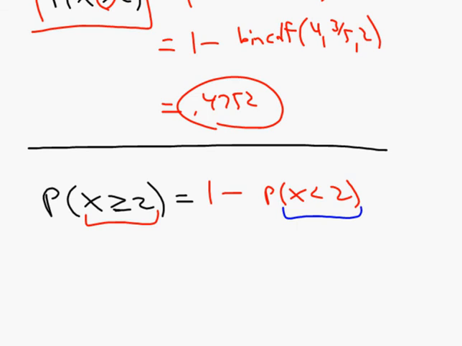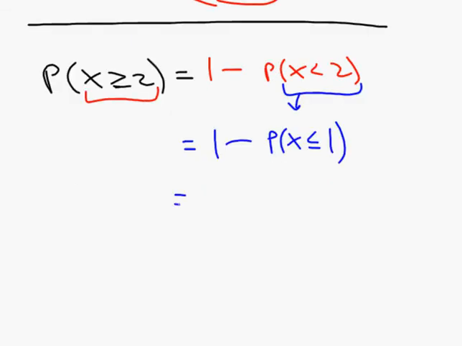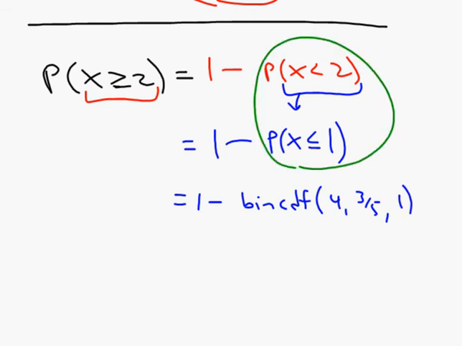It only does less than or equal to. So I have to realize that the probability that x is less than 2 is the same as the probability that x is less than or equal to 1. Once you have that realization, you're fine, because now you can do 1 minus the binomial CDF of 4, 3/5, 1. That is the key realization here.